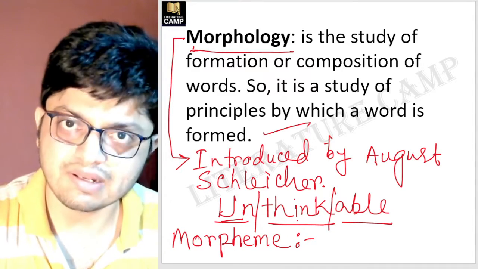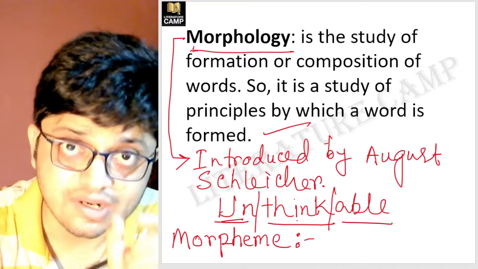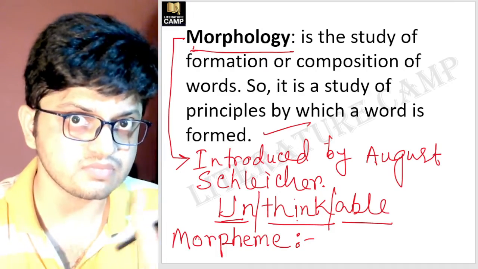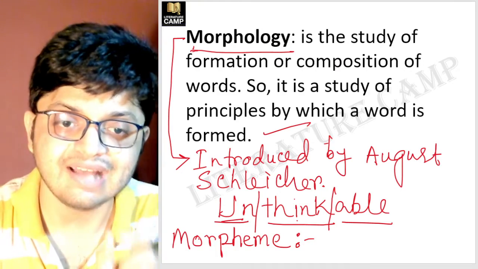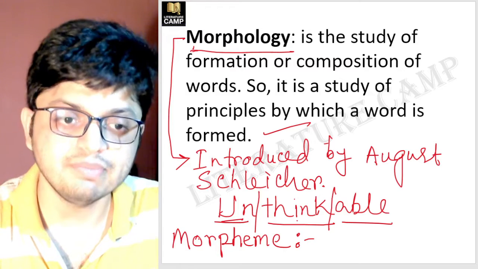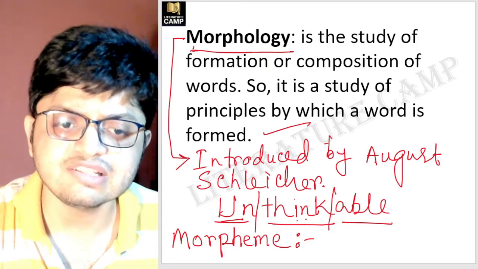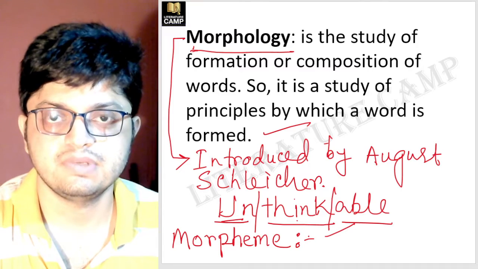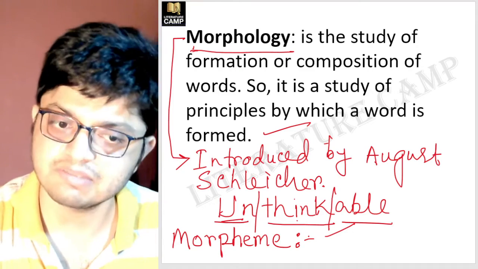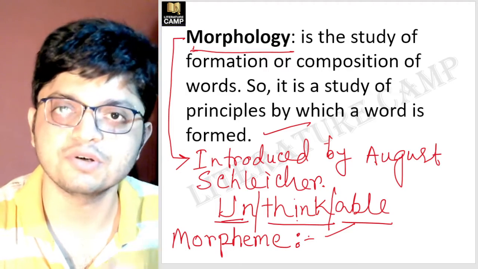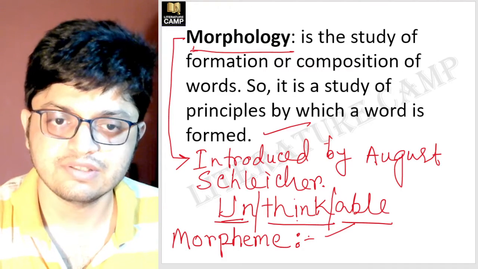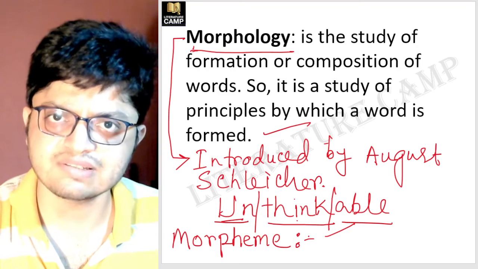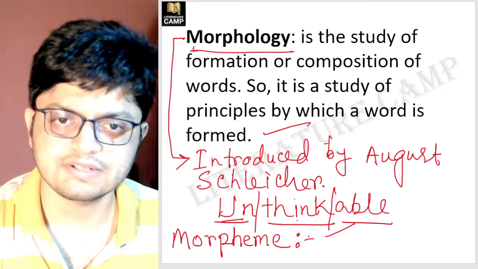I'm talking about word, not sound. So each unit is called morpheme, which has a meaning. So please make a note of it. I hope you have understood. And if you fail to understand, please make a comment.